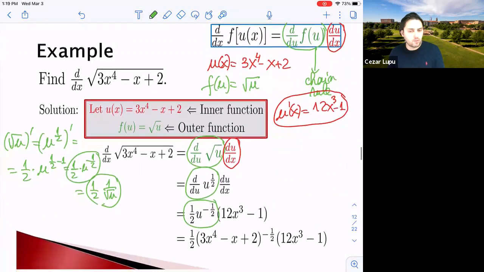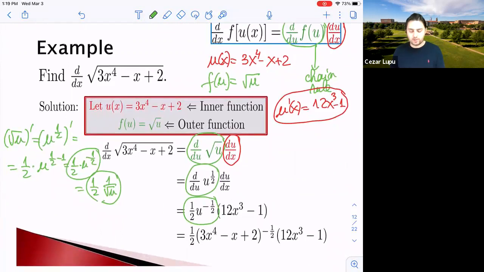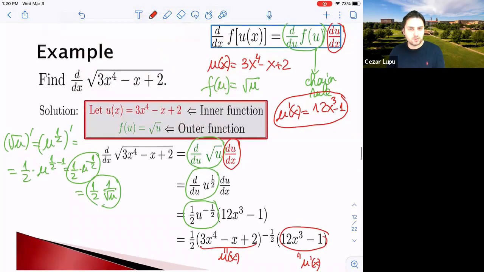You can leave it like this, or you can write it in terms of radicals. It doesn't really matter that much, but you can clearly see inside, this is u of x, this function here, and this is the derivative. So that's it. Again, this is just another application of the chain rule.